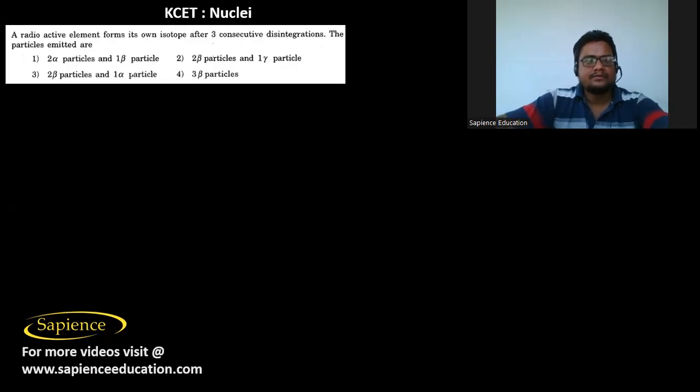A radioactive element forms its own isotope after 3 consecutive disintegrations. The particles emitted are?